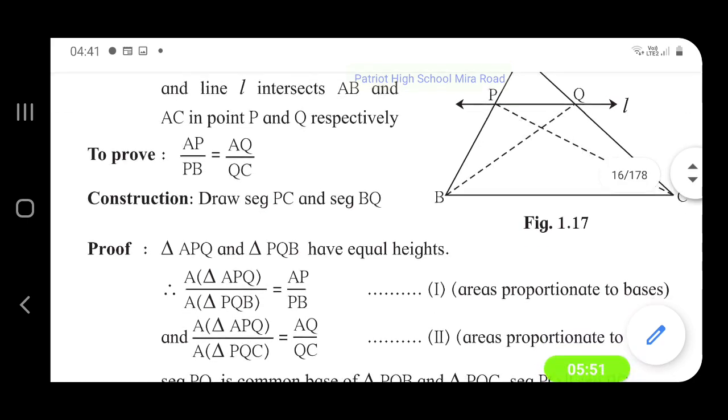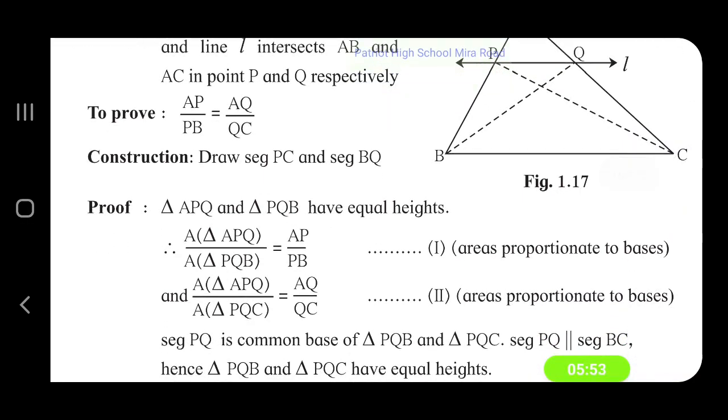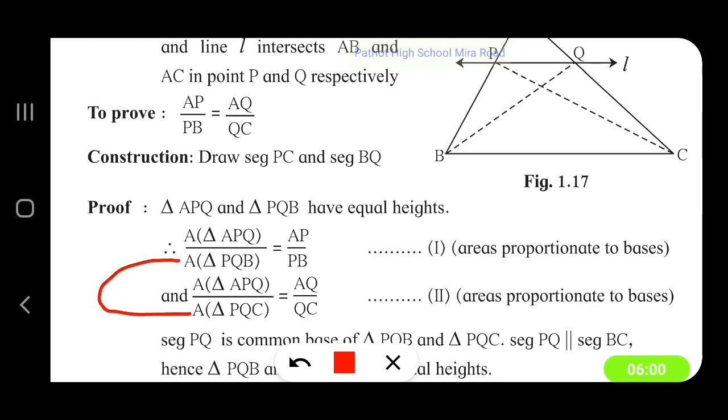So what we have found is area triangle PQB is equal to area triangle PQC. So if we write triangle PQB instead of PQC, we have the left hand side also equal.